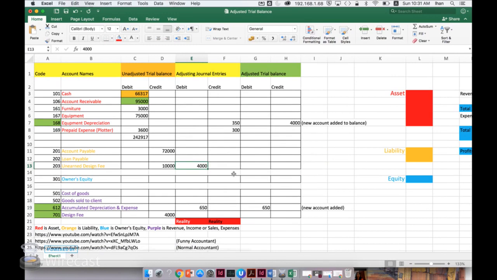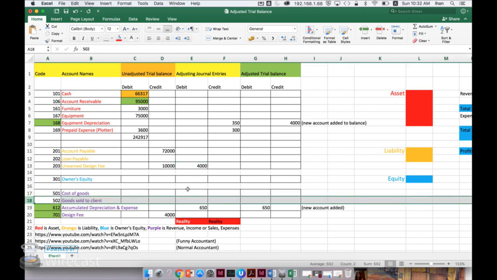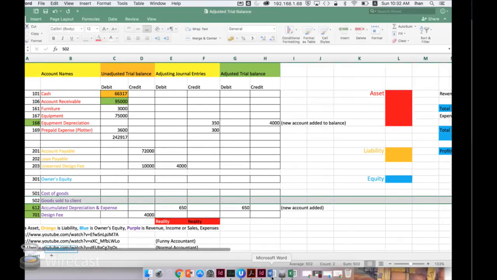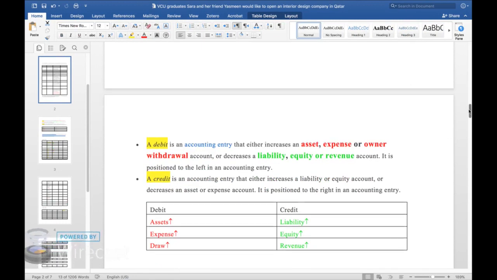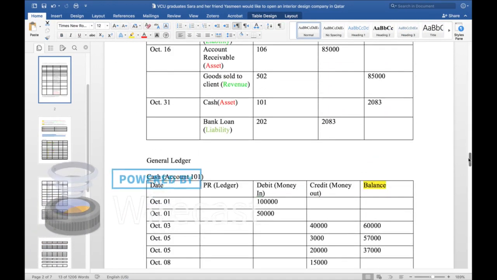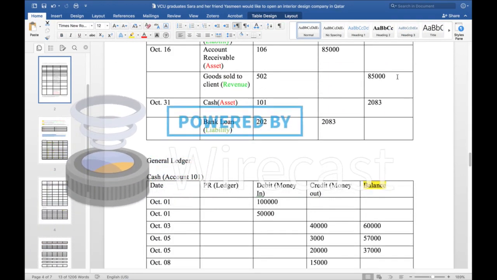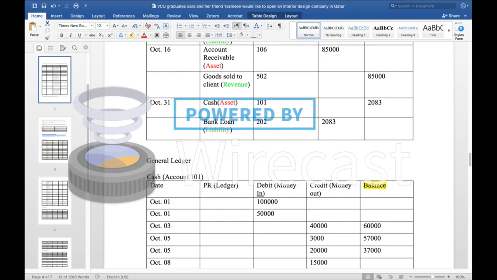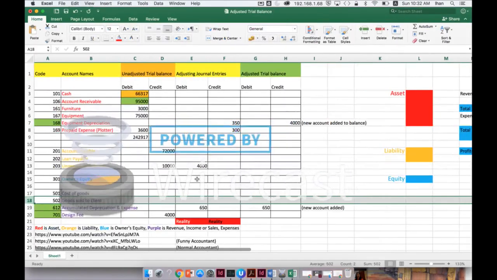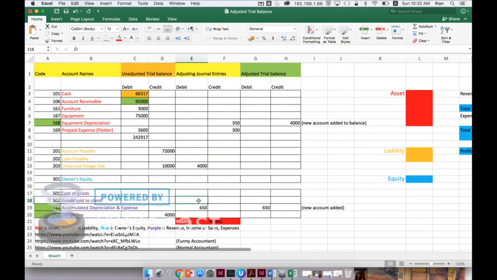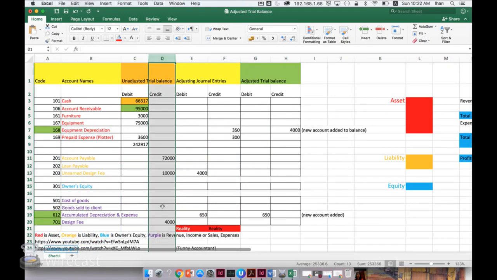So now, if you've done that, there's account 502 at 85,000 recorded in the credit column. Credit, okay. So I put 85. Sorry, this account credit. Okay, correct.